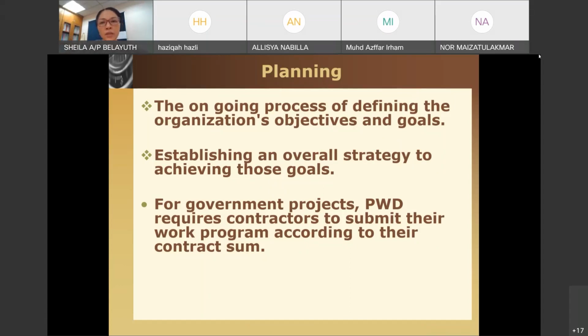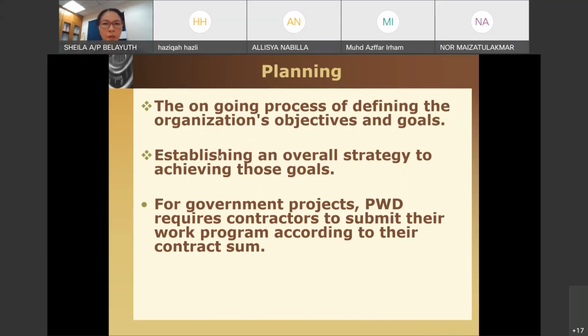So that's why it's an ongoing process of defining the organization objective and goal. You have a baseline plan, but you will need to ensure that your daily plan, your weekly, your fortnightly plan, goes back to your baseline. And if there are changes, you need to work on planning and ensuring that it goes back to the required progress too.